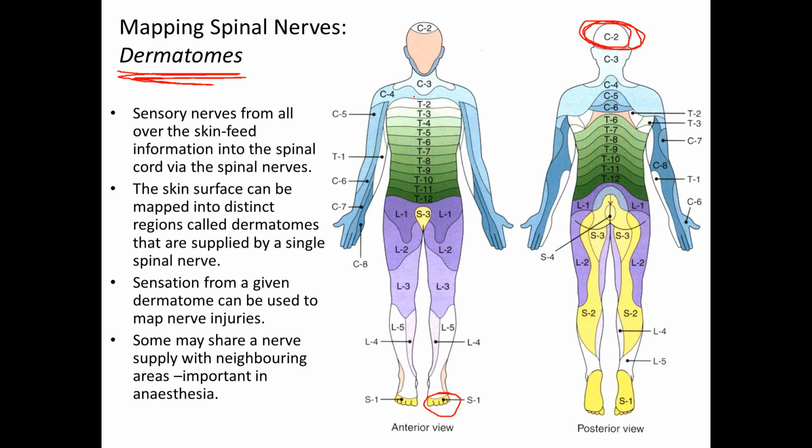You can see, for instance, if somebody has damage below the cervical region, then it's very clear that all of these dermatomes may be affected, but they can still use and feel this part of the body.